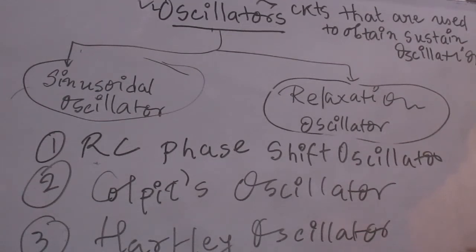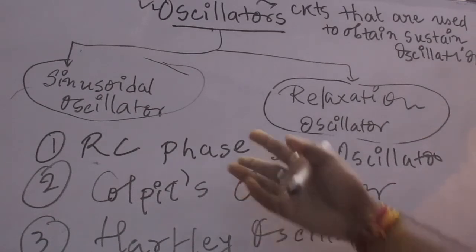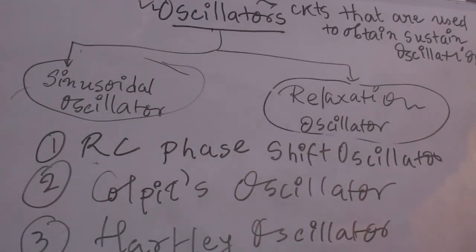So these are 4 types of sinusoidal oscillator. We will discuss point to point in our upcoming lectures, but today I will discuss the great theorem or great condition, you may say, that is the Barkhausen criteria.